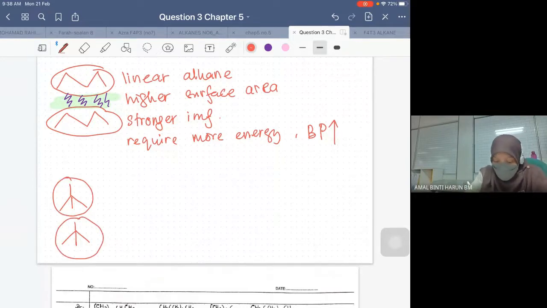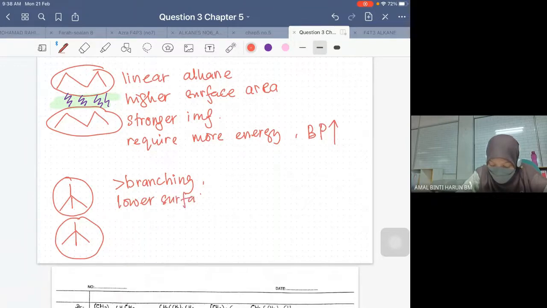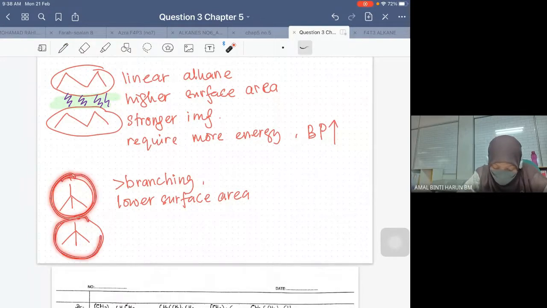So, for the branching, if more branching akan menyebabkan apa? Lower surface area between the molecule. So, kalau molekul ni dengan satu lagi molekul, surface area dia kecil, boleh ke dia pegang dengan kuat? Tak kuat kan?